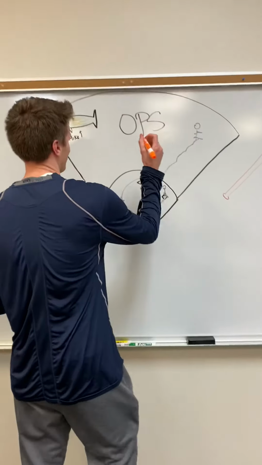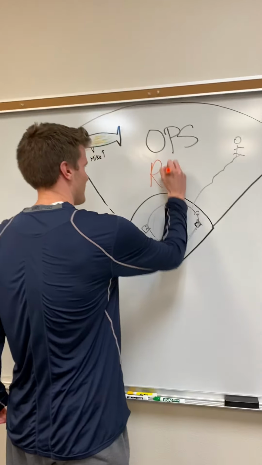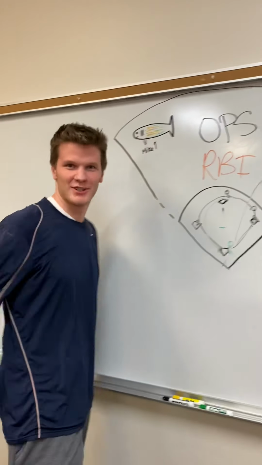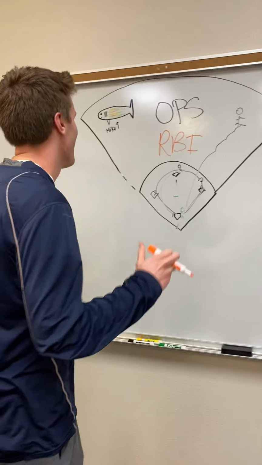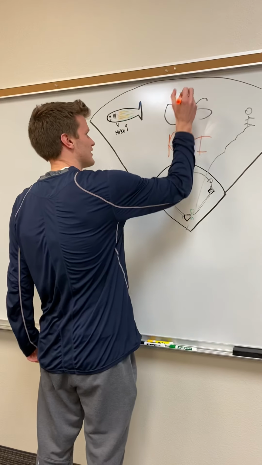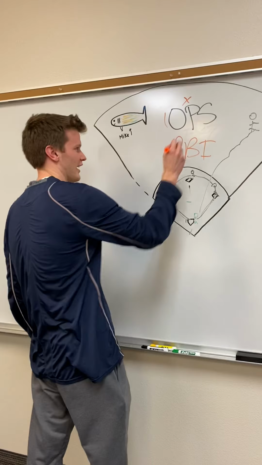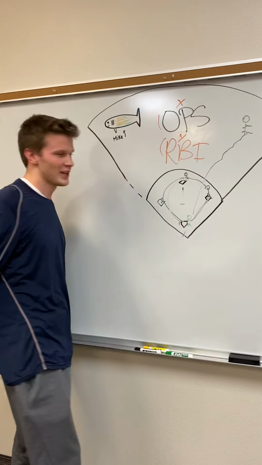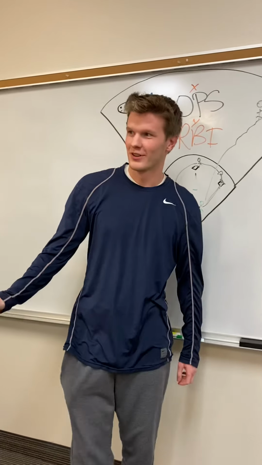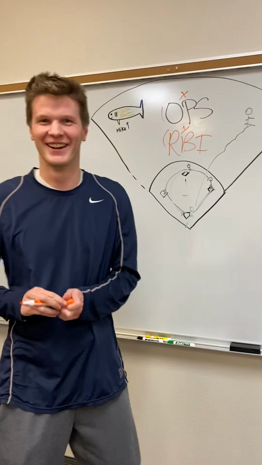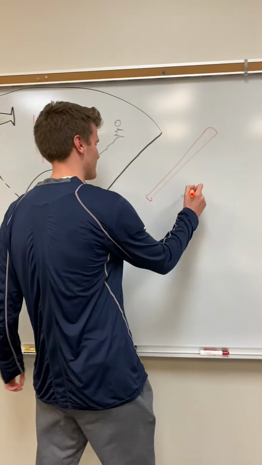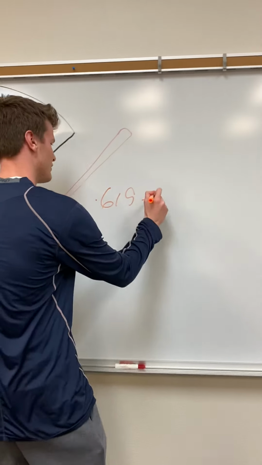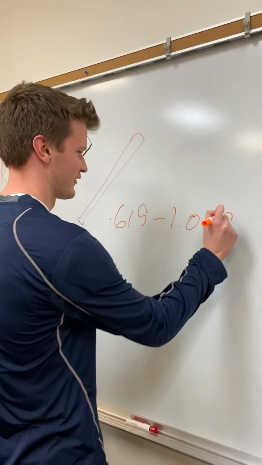All right, so I'm going to talk about our 5-number summary and our upper and lower fences. So this one is our X variable, the OPS, and the Y variable is the RBI. So our 5-number summary for OPS ranges from 0.615 to 1.035.